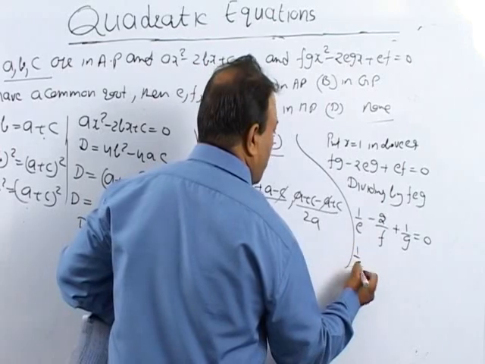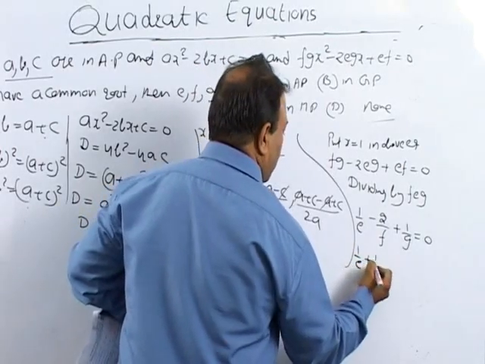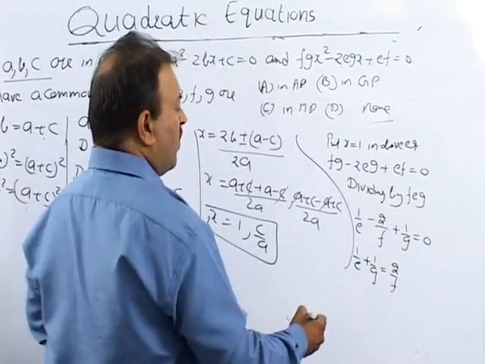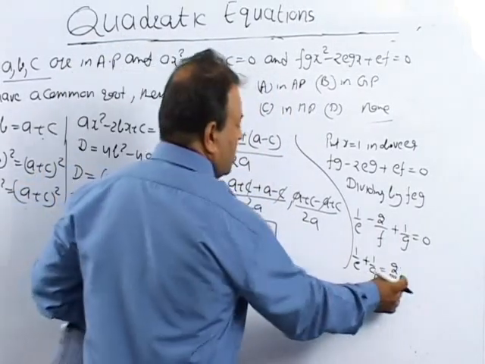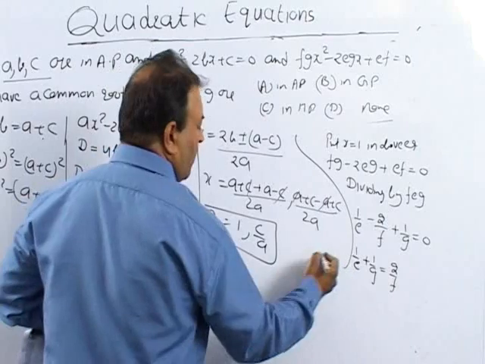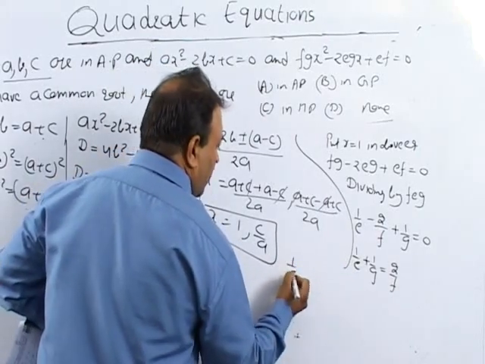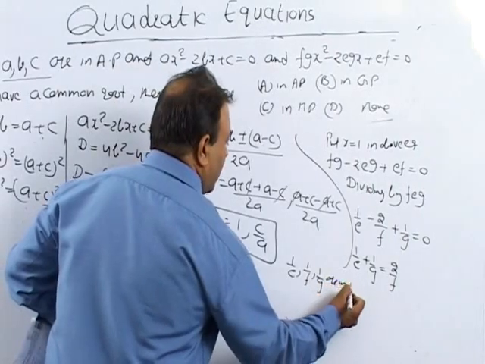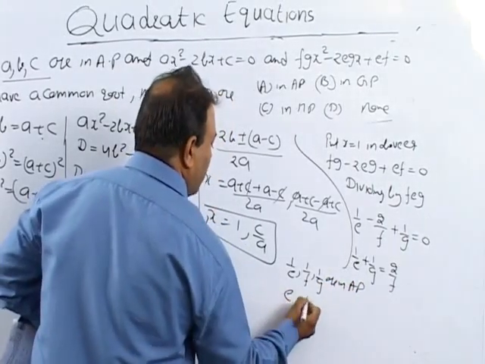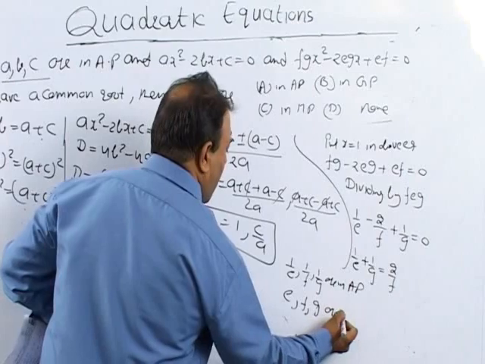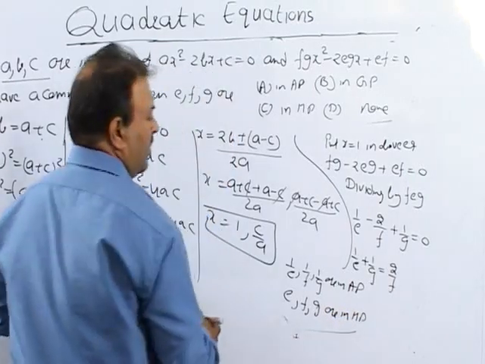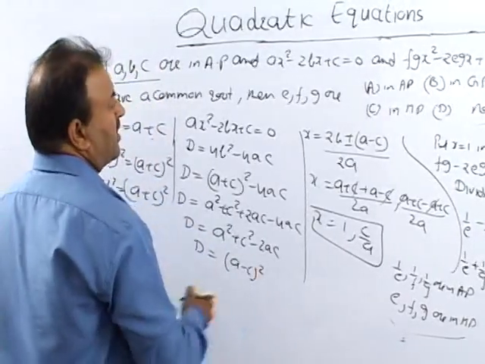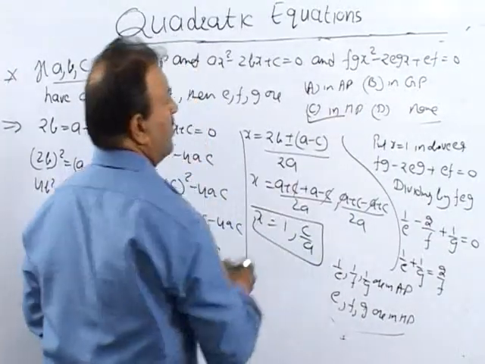That means 1 upon E plus 1 upon G is equal to 2 upon F. We know one thing from here, twice the middle term is equal to the sum of extremes, meaning 1 over E, 1 over F, 1 over G are in AP, so E, F, G are in HP. This is a property of HP. So the right option comes out to be C.